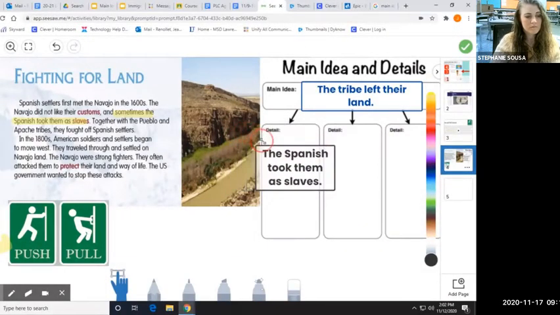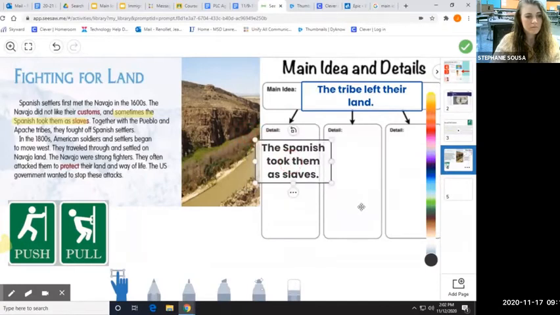What other reasons, what other push or pull factors would cause the Navajo people to leave their lands? I noticed that the American soldiers moved west in the 1800s, and they settled on the land that belonged to the Navajo.